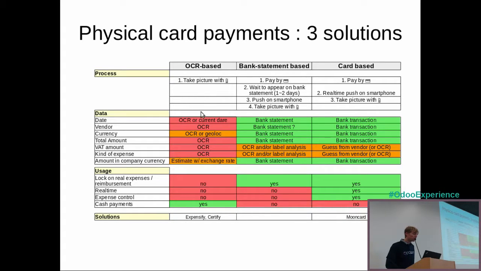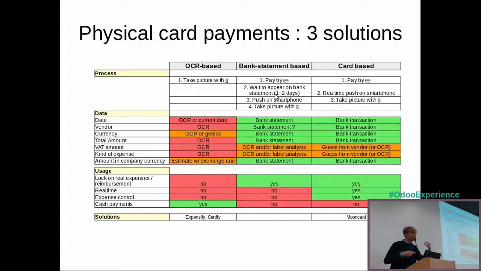So you have some solutions which are OCR based. You take a picture of the receipt, and then with OCR, they try to recognize stuff, but that's not very reliable. You have some other solutions which are bank statement based. They get access to the bank statement of your credit card, but when you pay by card, the expense arrives on your bank statement 1 or 2 days after, depending on the vendor.